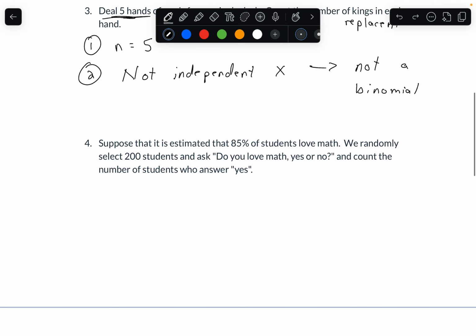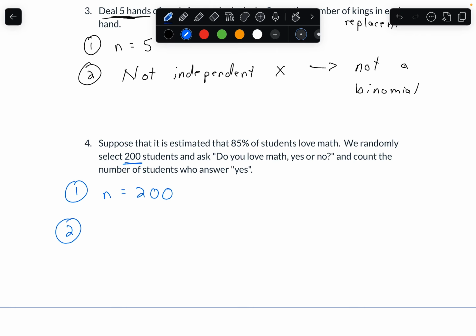Looking at our last example down here, it says, suppose that it is estimated that 85% of students love math. We randomly select 200 students and ask, do you love math, yes or no? Count the number of students who answer yes. So again, in this case, we should be able to check all of our conditions, starting with the number of trials that we're running. How many students are we going to talk to? In this case, we're talking to 200 students, so we are randomly sampling 200 students.